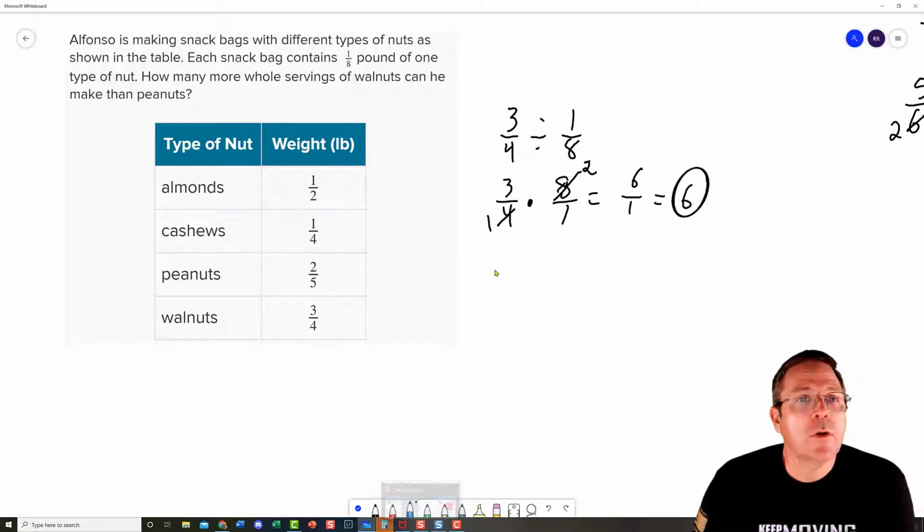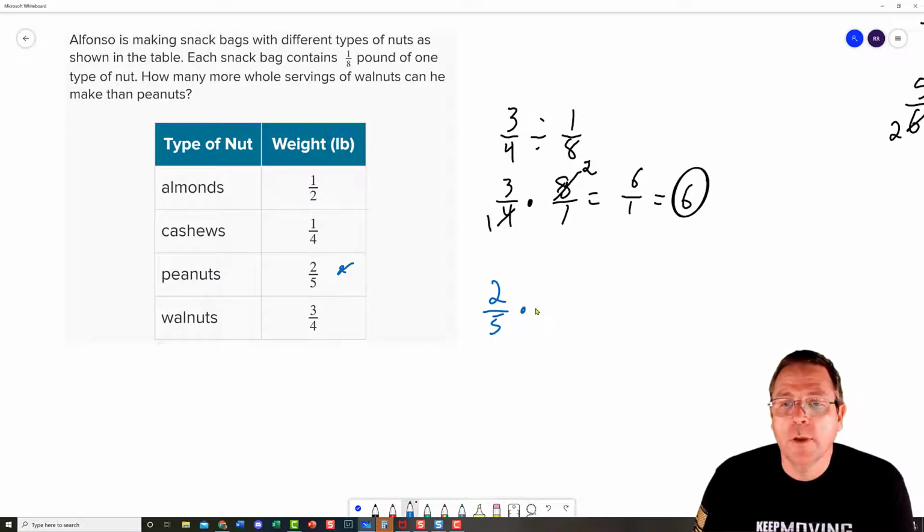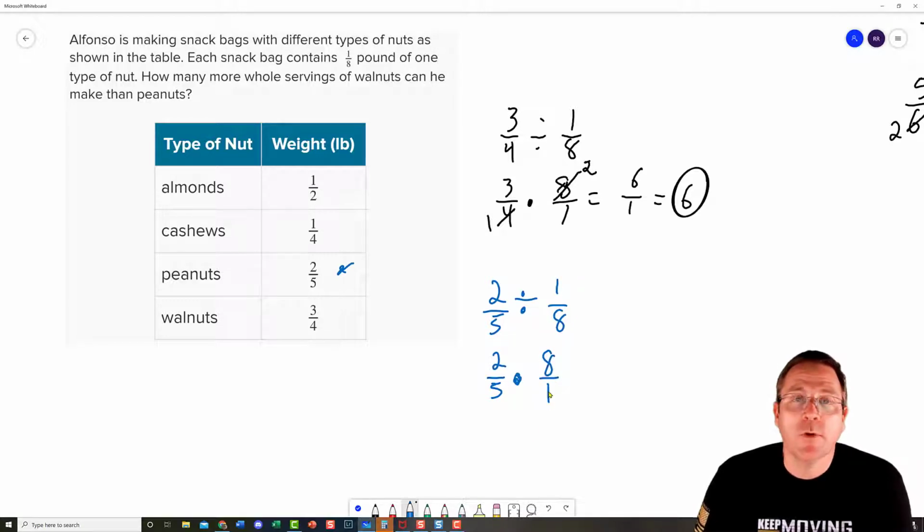Now, let's take a look at the peanuts, our other option. For peanuts, you've got 2/5 of a pound of peanuts. And once again, we're going to divide that by 1/8. Again, we're going to keep, change, flip: keep the first number, change division to multiplication, and take the reciprocal of the second number. This time, however, nothing is going to simplify.